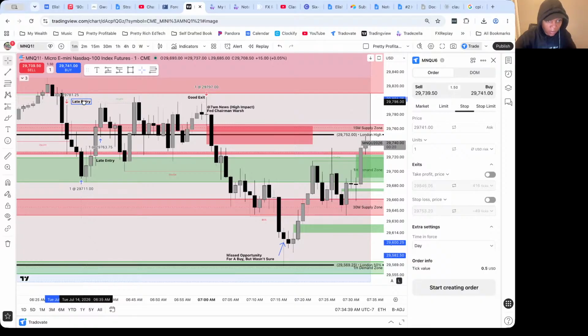Because I'm not seeing anything else. I got on the charts and I was like, okay, I see this entry. Like, I don't see that because of the zones that have been invalidated.